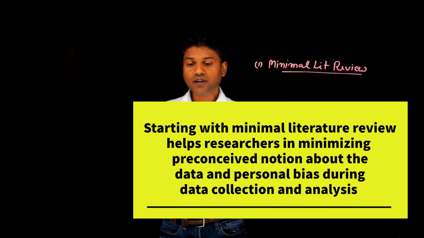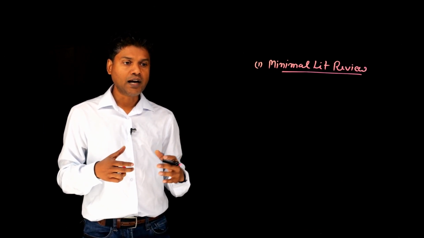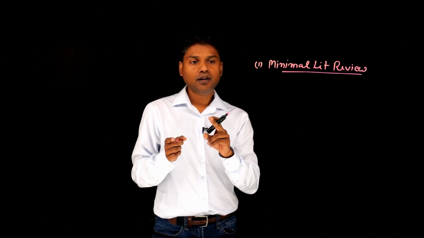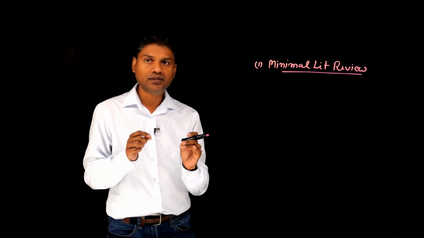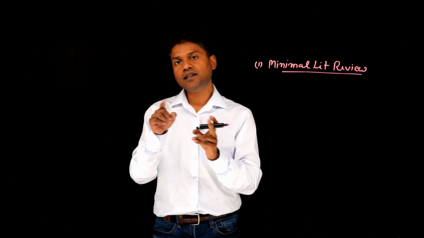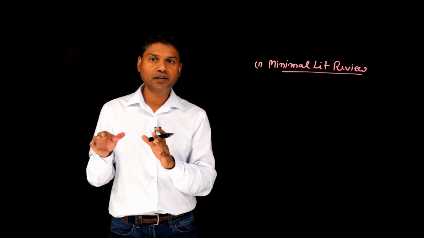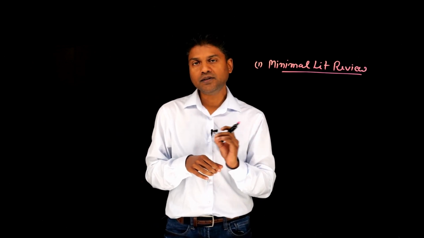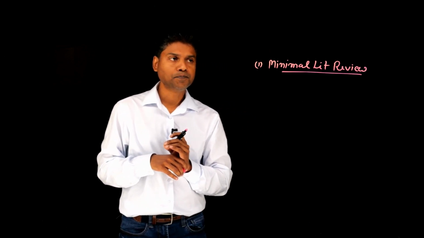study. Now, let's say you did your minimal literature review, and then you start your data collection and data analysis. When you are doing your initial data analysis and your categories and subcategories are emerging from the data, then you are engaged in further data collection, which is theoretical sampling, and then you are getting some more data to refine and further develop your categories and subcategories and tentative theory, which is emerging from the data.